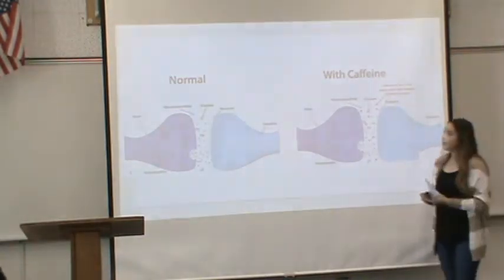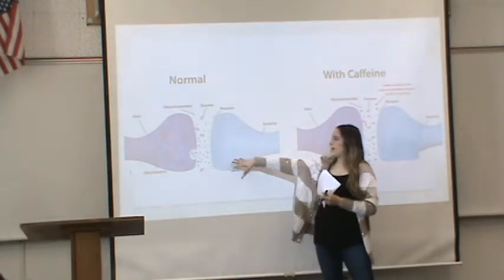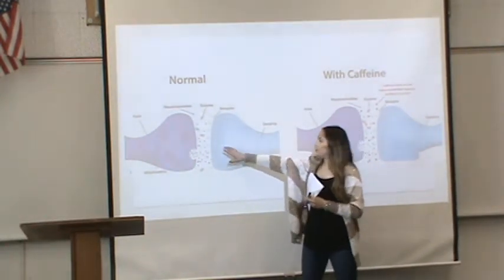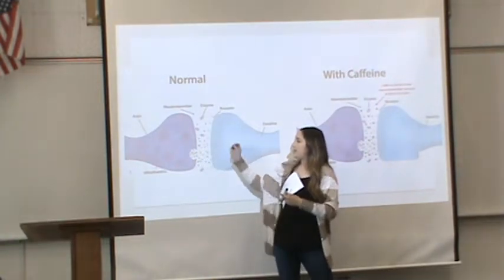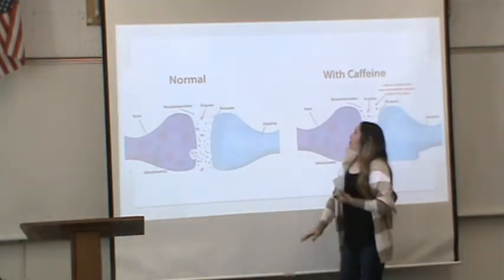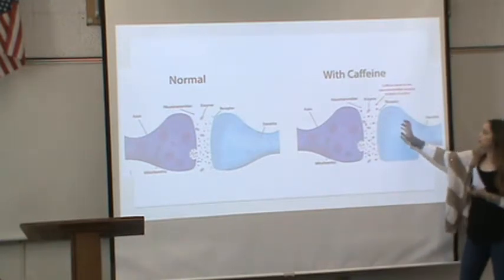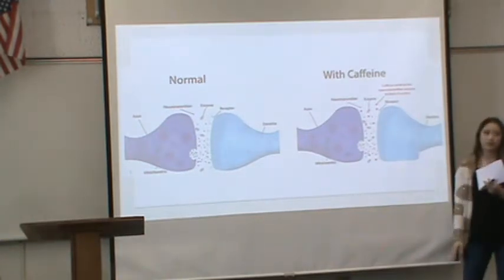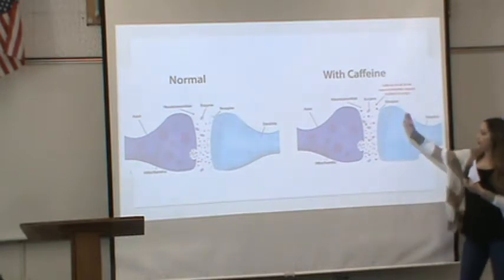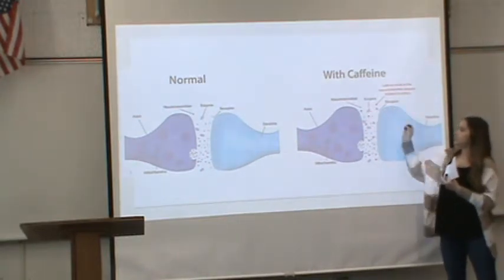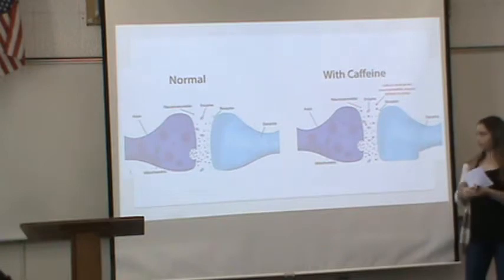So right here, this is what it looks like to have no caffeine in your body. You have all your receptors, enzymes, and the neurotransmitters being able to go back and forth. And then right here, this is when caffeine is introduced into the body, and you have a little red signal showing that it stops all of those from going back and forth.